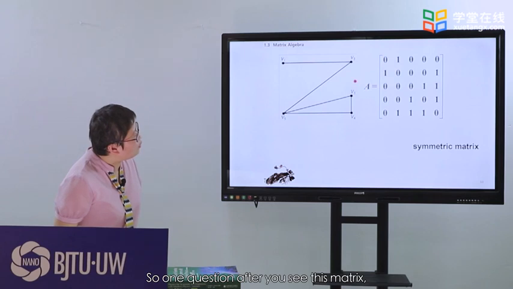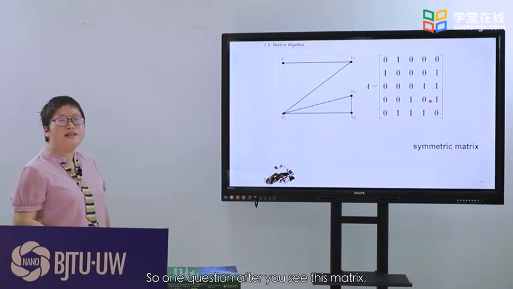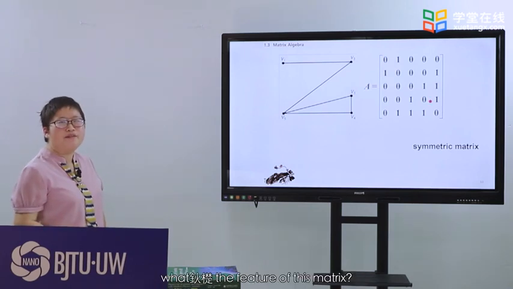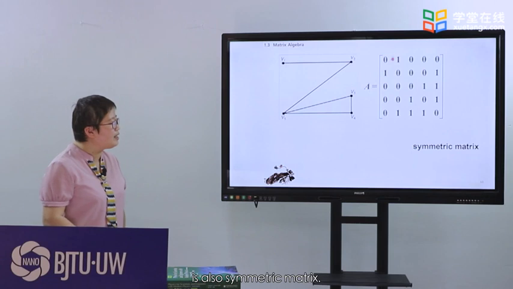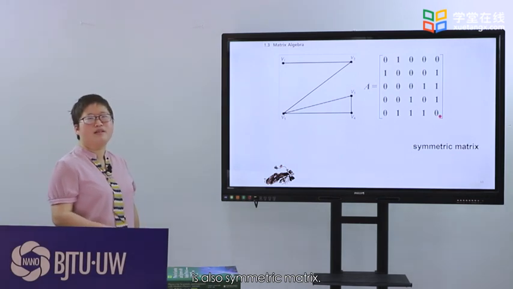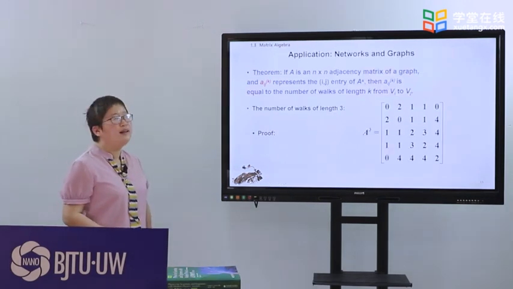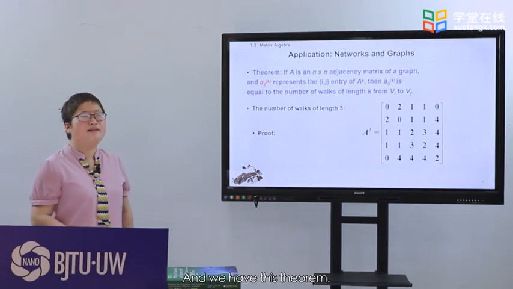So one question, after you see this matrix, what's the feature of this matrix? It is easy to see that this matrix is symmetric. See, if V1 and V2 are connected, the 1, 2 entry is 1, and the 2, 1 entry is also 1. See? So the adjacency matrix is a symmetric matrix. Okay, and we have this theorem.